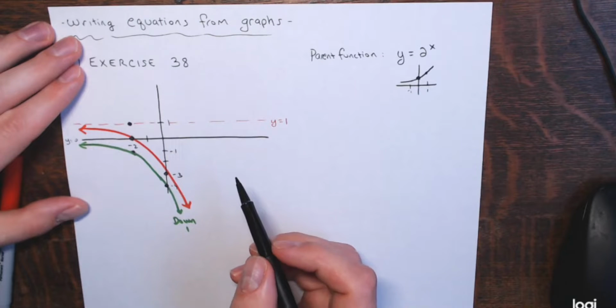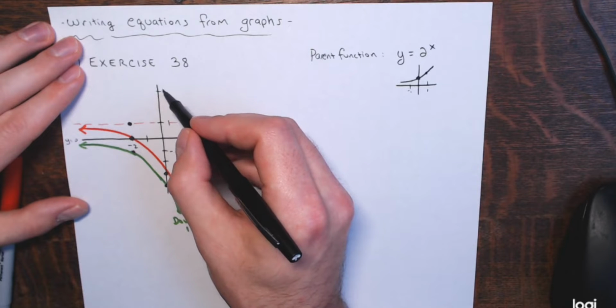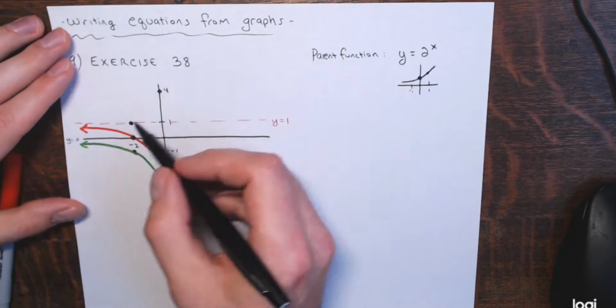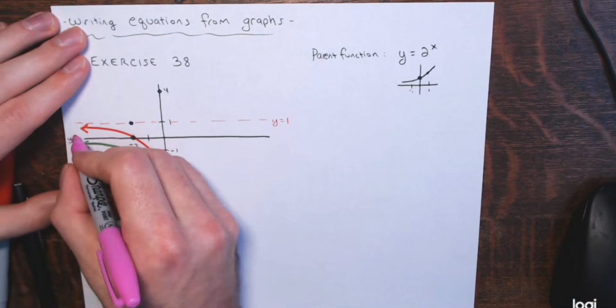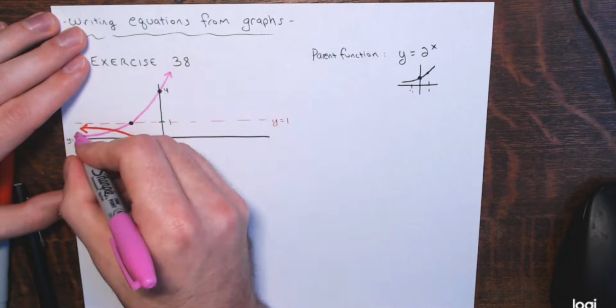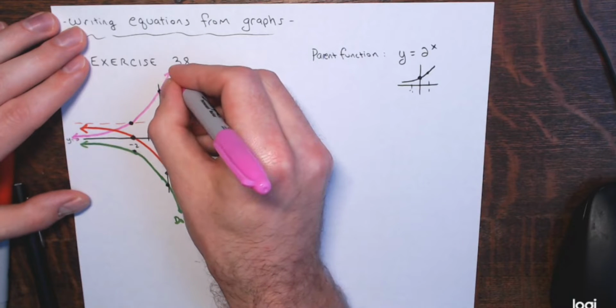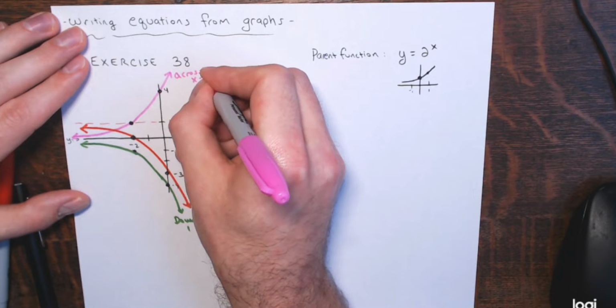And instead of at 0, negative 4, that'll be at 0, 4. The graph will still have the asymptote of y equals 0. So what I did to get this pink graph here is I reflected it across the x-axis. And we're going to reverse that when we go back.